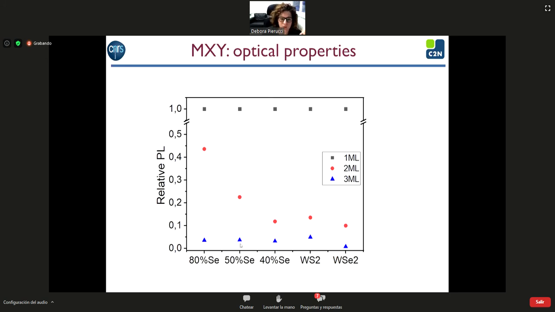When we increase the composition of selenium, we see this strange behavior. Here, for 50%, the PL decreases only 5 times, and here only 2 times. So there was something different in these two alloys with respect to the standard materials.